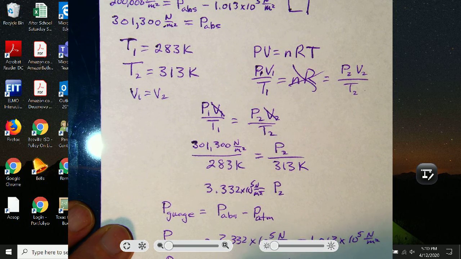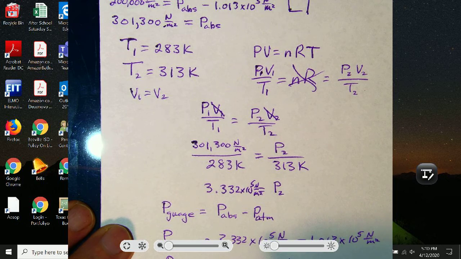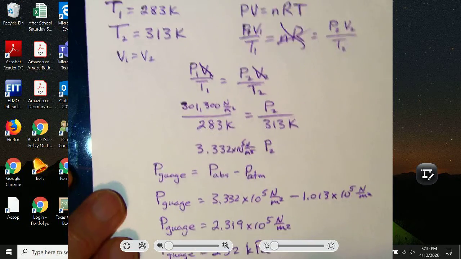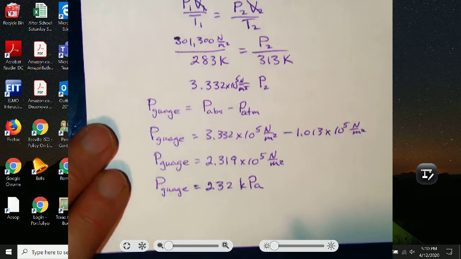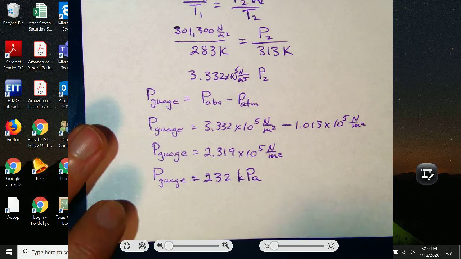If I round that to three significant digits, 2.32, and then put it in kilopascals, so 232 kilopascals. So it went from 200 kilopascals to 232.